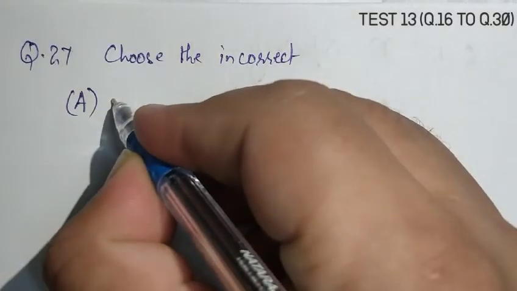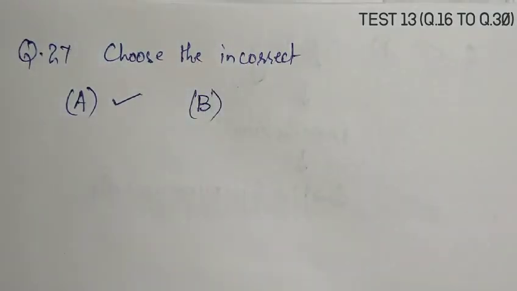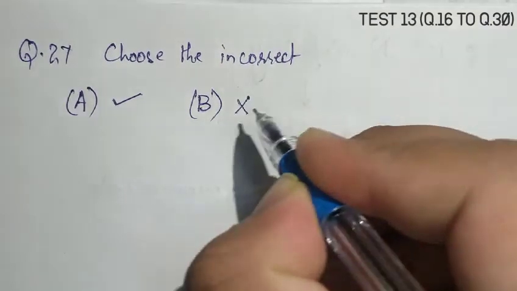This statement is correct. Statement B: 25 to 30% of CO2 is transported by hemoglobin in the form of carbaminohemoglobin. This statement is wrong.